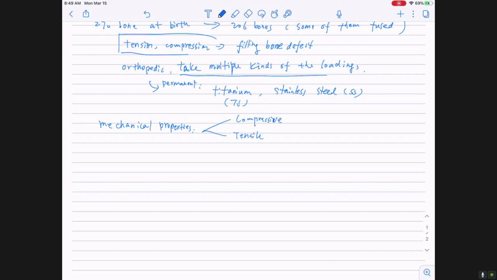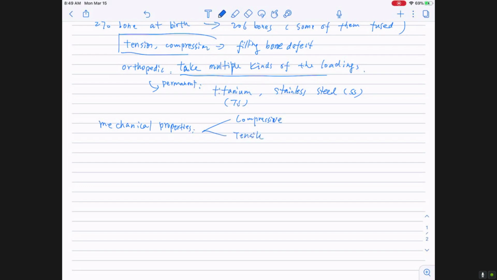So another mechanical property we should measure is hardness. We think the hardness should be equal, if your material is good, to the tissue's hardness, like a bone, right?